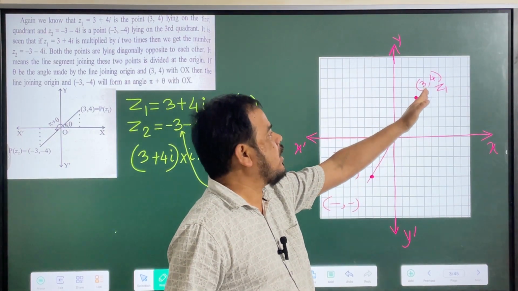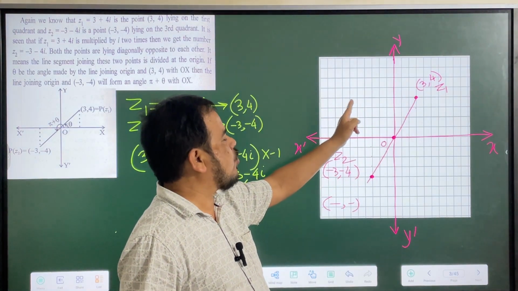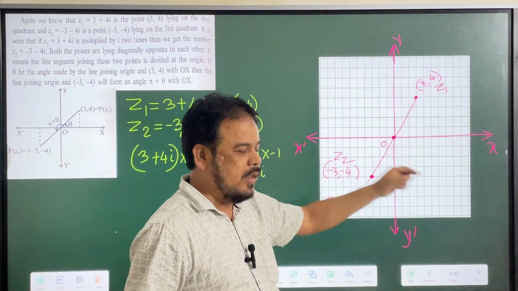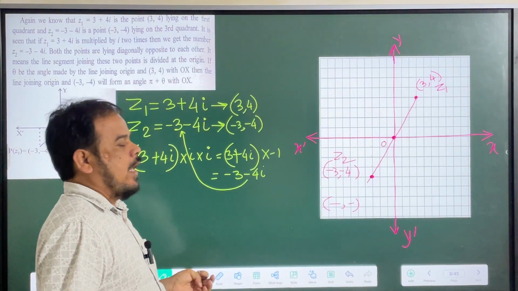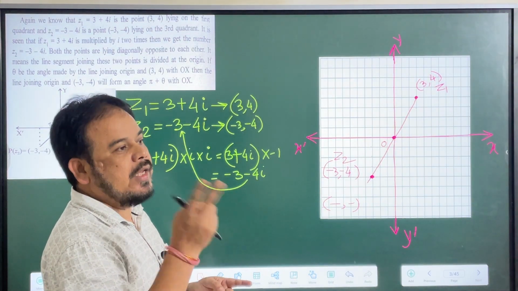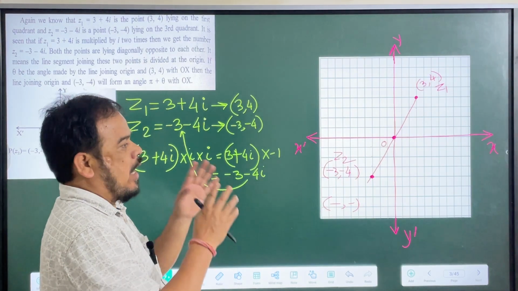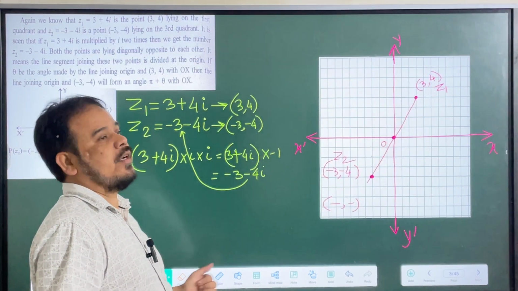This is the first quadrant, its opposite quadrant is the third quadrant. This is the second quadrant, its opposite quadrant is called the fourth quadrant. So whenever we multiply a complex number with i 2 times, then we get another point in the opposite quadrant.